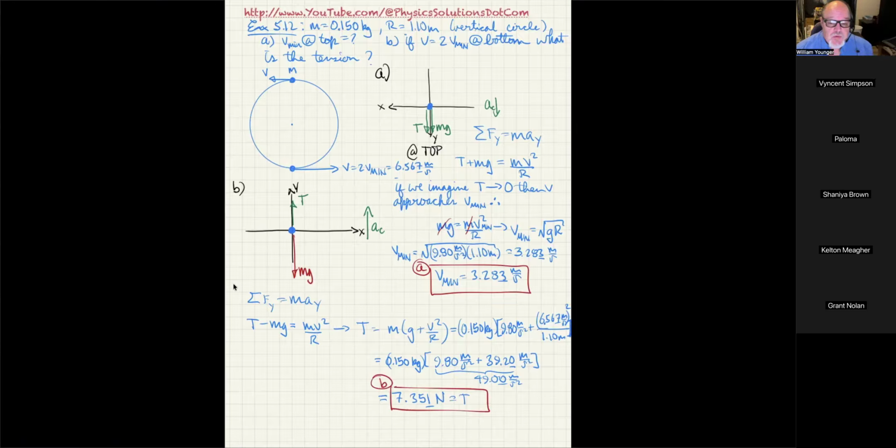Anybody have any questions on that? All right, so that's how you do this type of centripetal motion problem. You could go ahead and calculate what the tension would be if it was going this fast that it reached the top, all sorts of stuff like that.